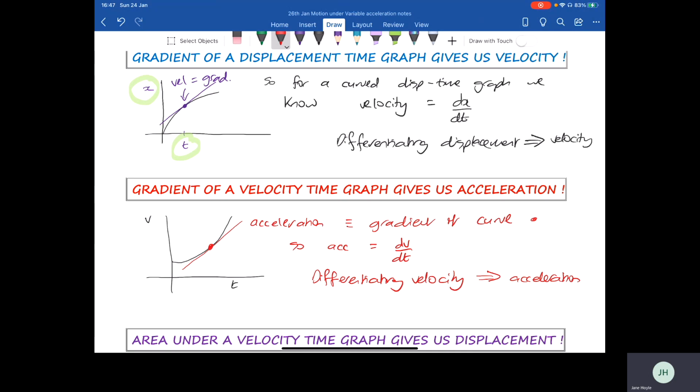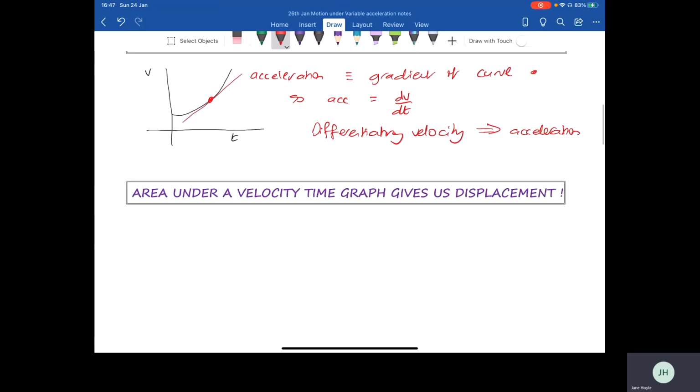And then there was one more process that we did. This last process was on a velocity time graph. And on a velocity time graph, typically we had these trapezium shapes, didn't we? So we know that the area of a velocity time graph is equivalent to the distance or the displacement.